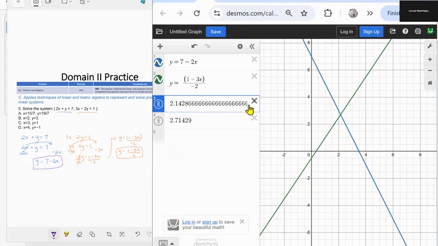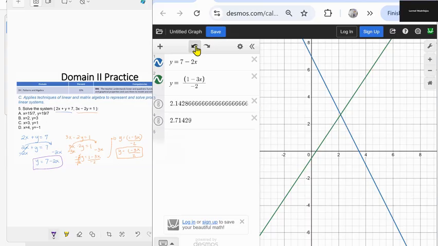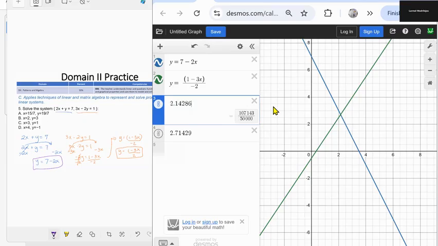The other way is, let's convert this number here. 15 divided by 7. Okay, undo. Earlier, that was our answer, right?